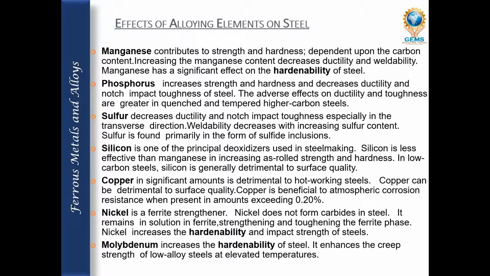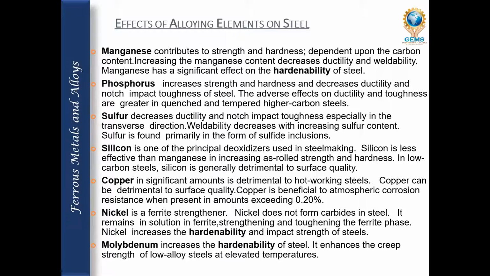Next one is sulfur. Sulfur decreases ductility and notch impact toughness, especially in the transverse direction. Weldability decreases with increasing sulfur content. Sulfur is found primarily in the form of sulfide inclusions.